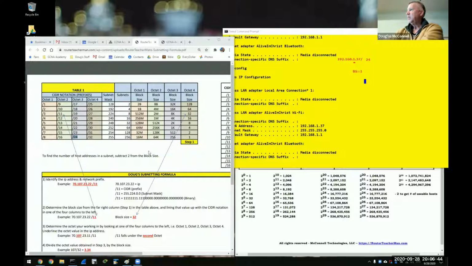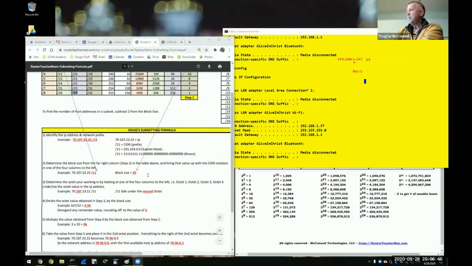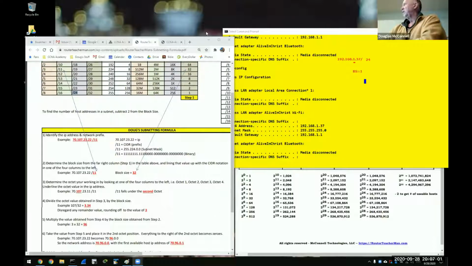Okay. What's the next step? Next step is to divide the octet value obtained in step 3 by the block size. So we have to bring down this 1, right?